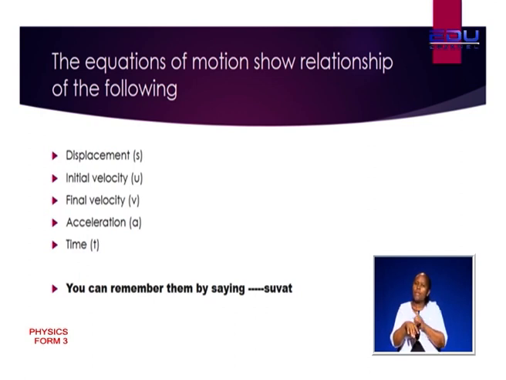Time is represented by the letter t, and I usually remember all these parameters by a simple acronym, SUVAT, where S stands for displacement, U stands for initial velocity, V stands for final velocity, A stands for acceleration, and T stands for time.